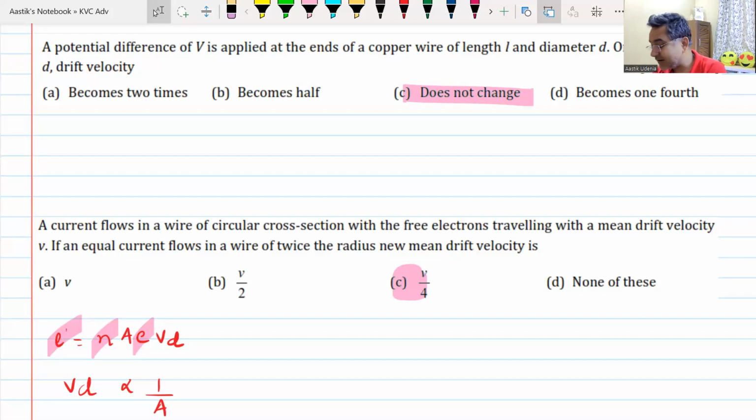In one case I am writing drift velocity is inversely proportional to area. In the other case I am saying drift velocity does not depend on the area. Why?